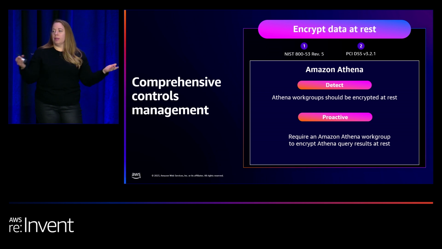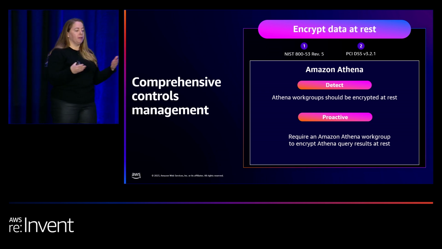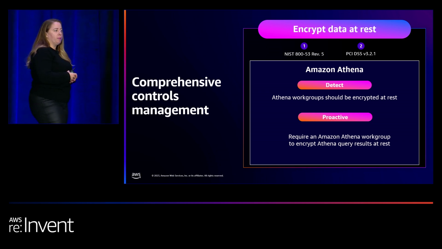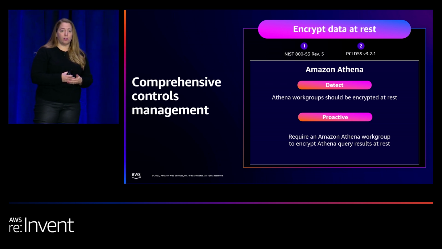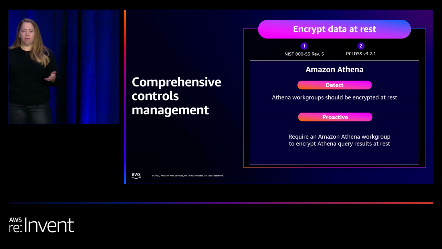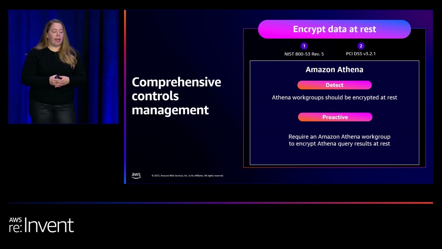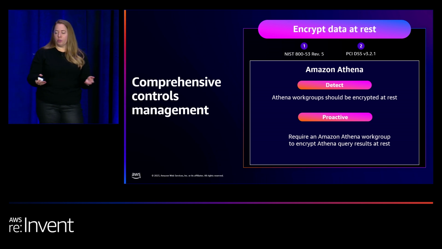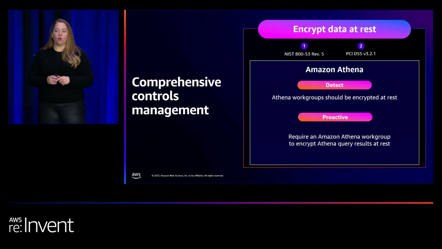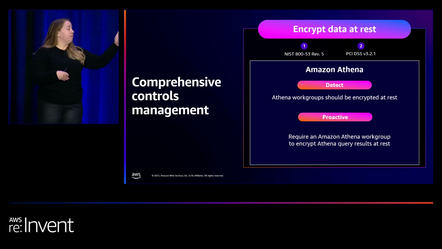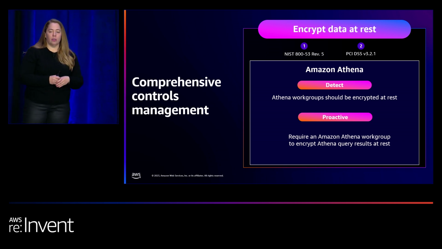In this example, let's pretend that we have 5 work groups already enabled. We run a detective control first to understand if any of those work groups are out of compliance. Maybe we find 2 out of the 5 do not support encryption at rest, so we'll remediate that. And then the next step is to enable the corresponding proactive control so that every work group moving forward will have that encryption in place.